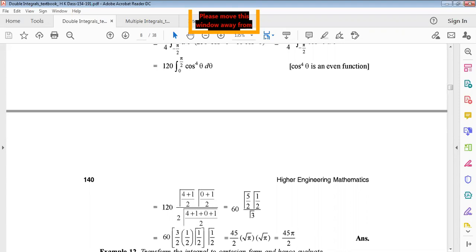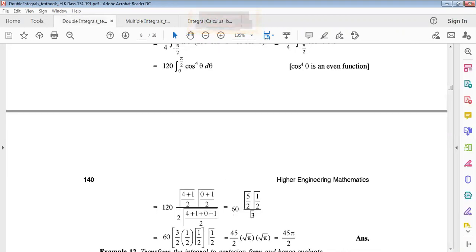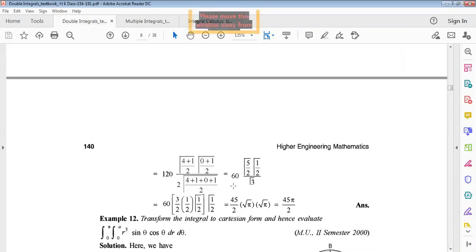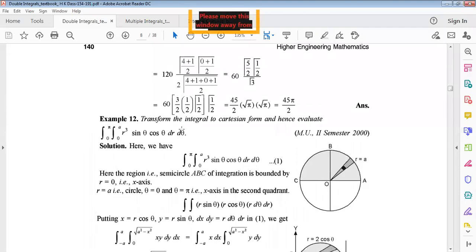Remember the formula. After calculation this will be gamma 5 by 2, and this will be gamma half, and the denominator will be 2 into gamma 3.